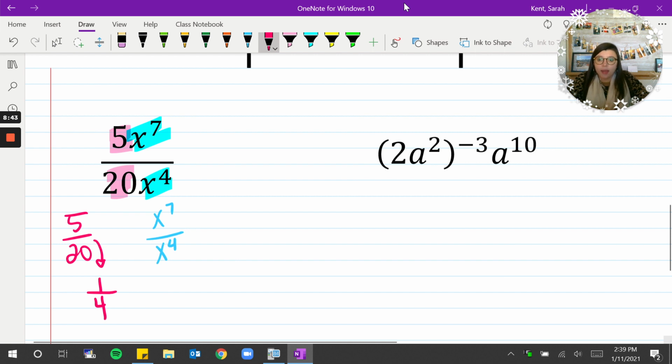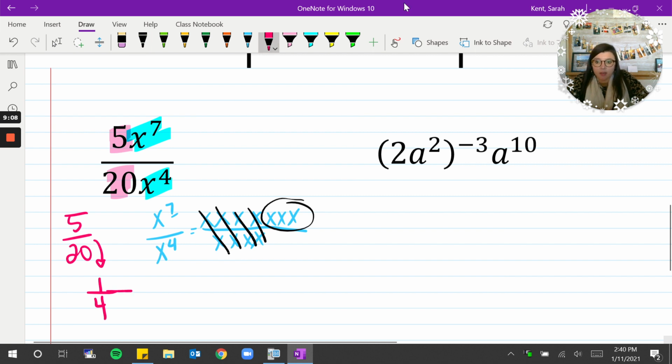And then with x to the power of 7 over x to the power of 4, I can write out, here there's 7 over, I've got 4 here. I can cross out 1, 2, 3, 4. See that there are 3 left.